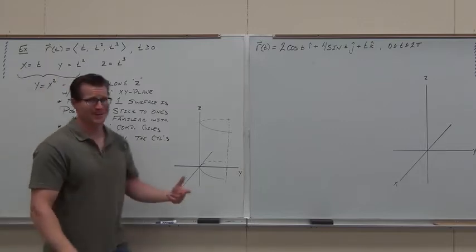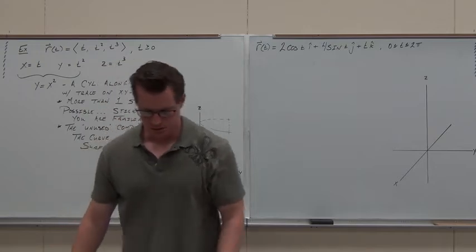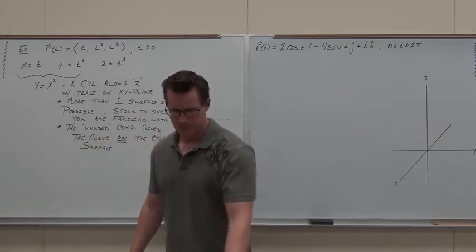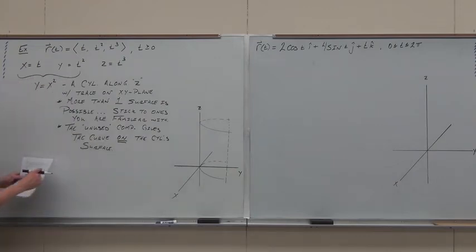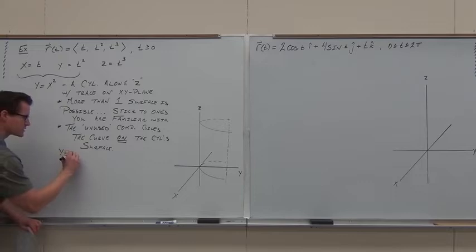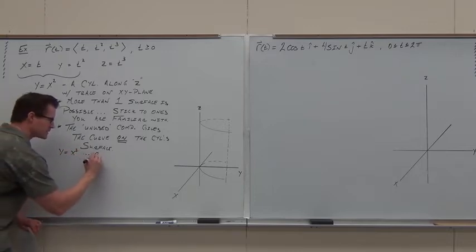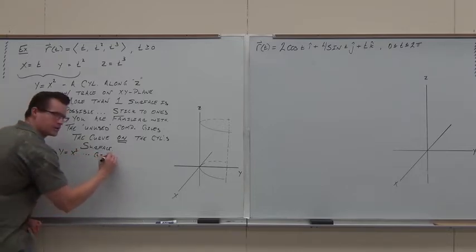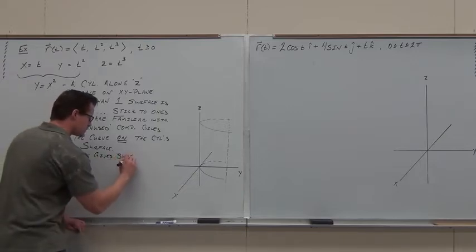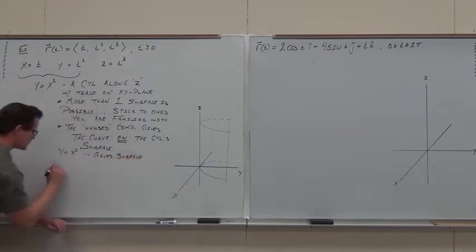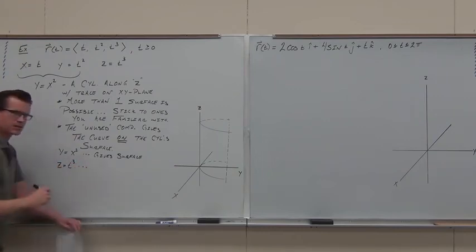It's a pretty cool idea of what we're doing. It's kind of neat. If you need it even more explicit, this gives the cylinder or the surface, this is going to give you the curve.